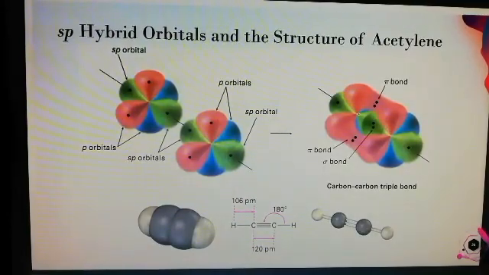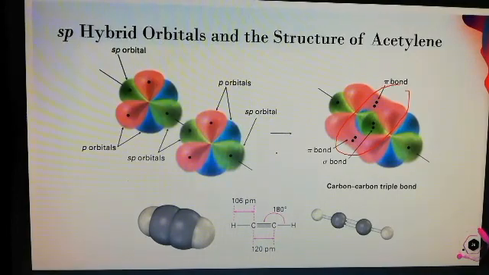So, in sp naman, hybrid orbitals, sa single bond, atoms share 2 electrons. Sa double bonds, 4. Dito sa sp hybrid orbitals natin, ang carbon natin can form a triple bond by sharing 6 electrons.